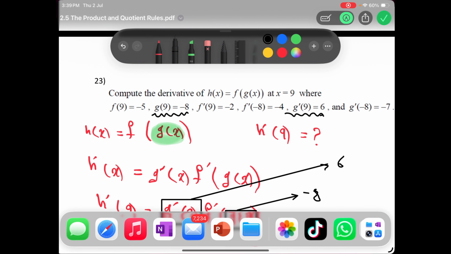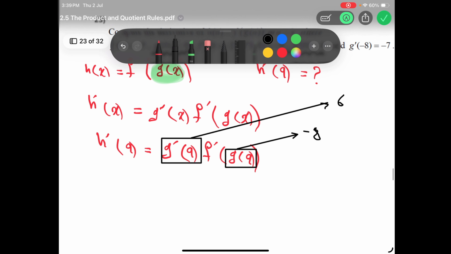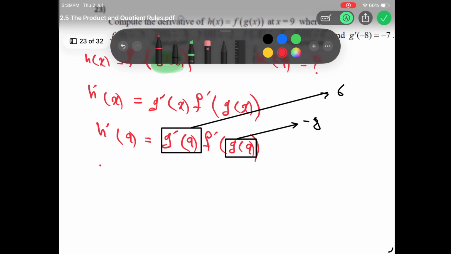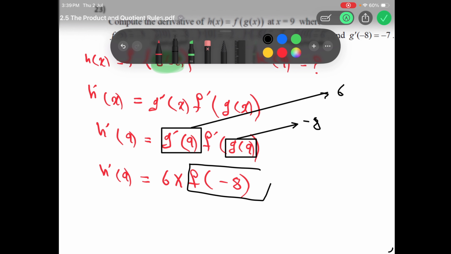Right? So I can now replace these little guys here. So what I have now, h prime of 9. I think the image now is clearer than before. 6 times f prime of minus 8. Now we will see what is f prime of minus 8.